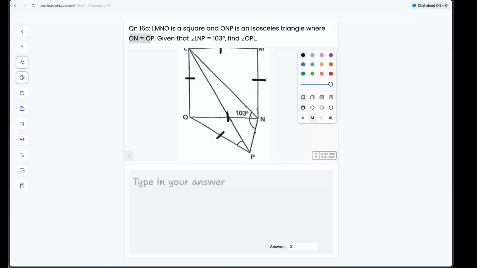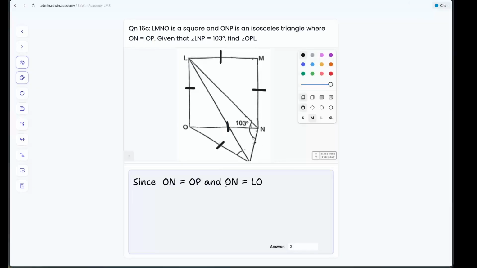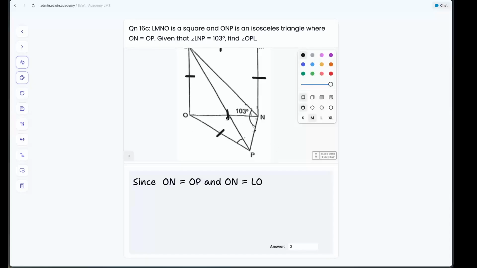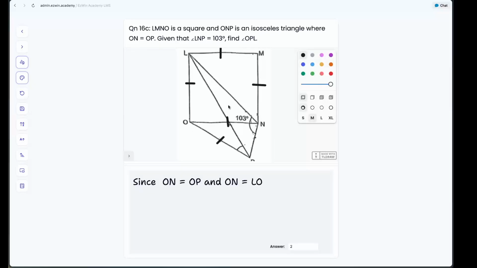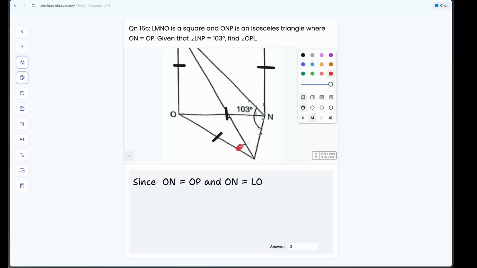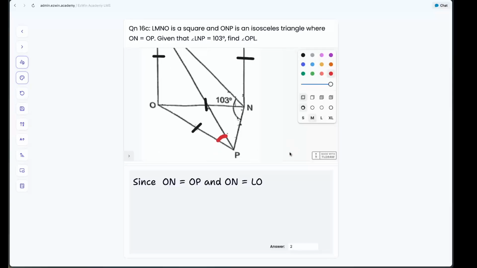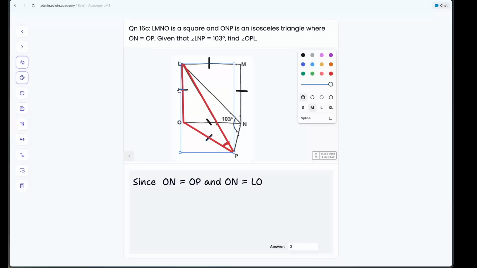So the thing is that since ON is equal to OP and ON is equal to LO, then from this triangle, because we are looking at this angle that we're looking for over here, this triangle that you see in red is actually an isosceles triangle. Why?